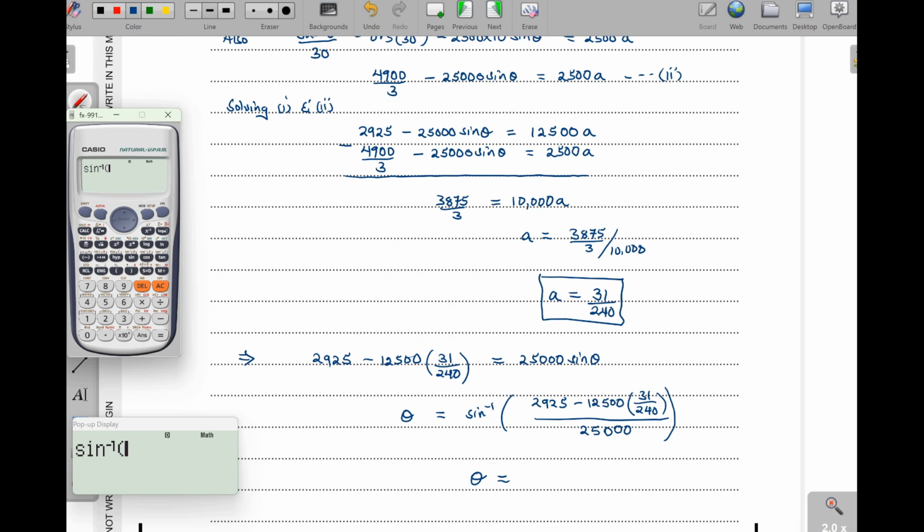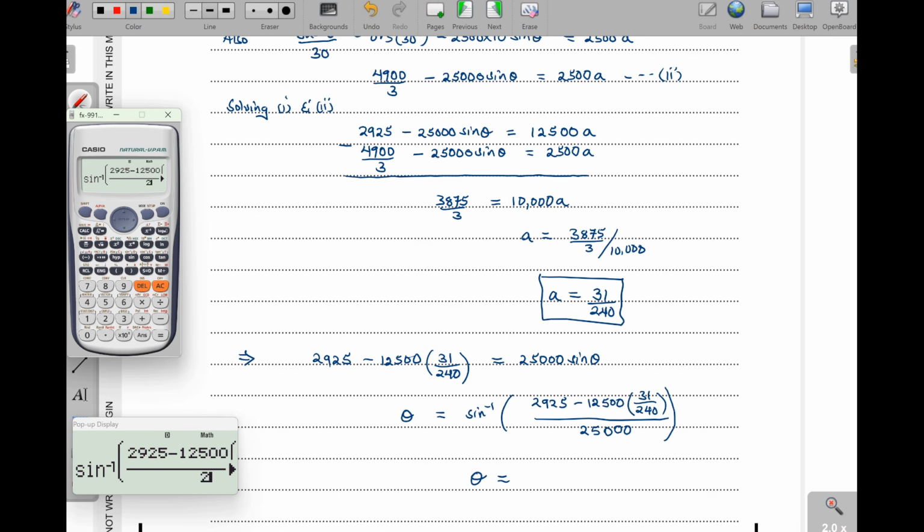Arc sine, the theta is in degrees, so make sure your calculator is in degrees. 2925, then minus 12500, multiplying 31 out of 240. Then we close that, and then we go down.